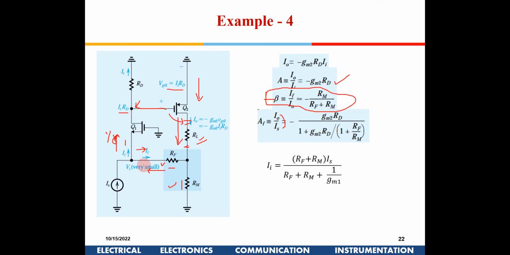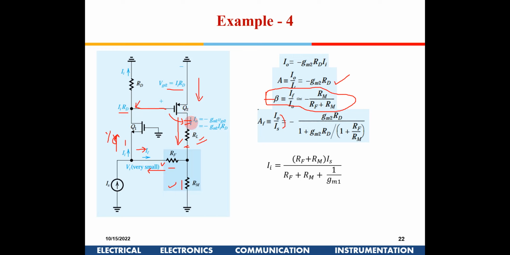See, I is IS, because we are assuming that no current is flowing between RF and RM. The entire current is going up because the impedance as seen here will be 1 by GM. So this voltage will be ID into RD, right? And this current will be GM into RD.